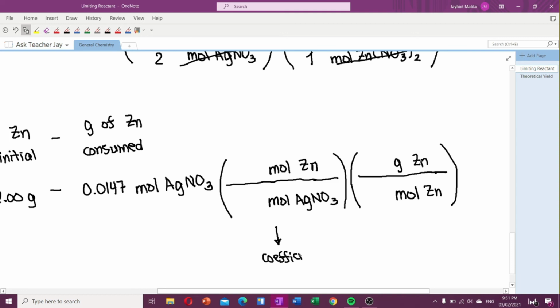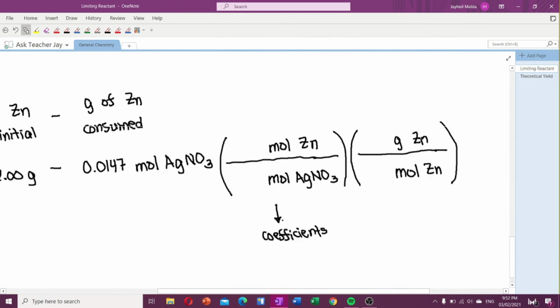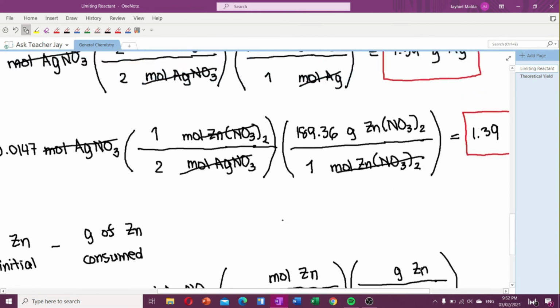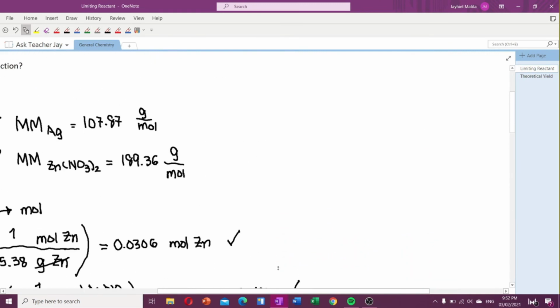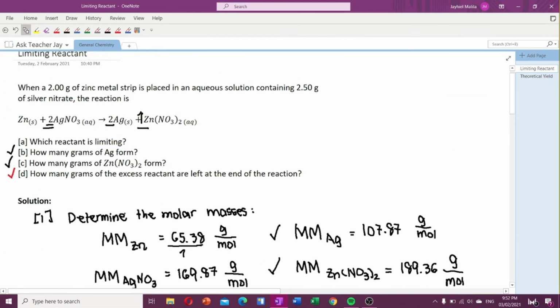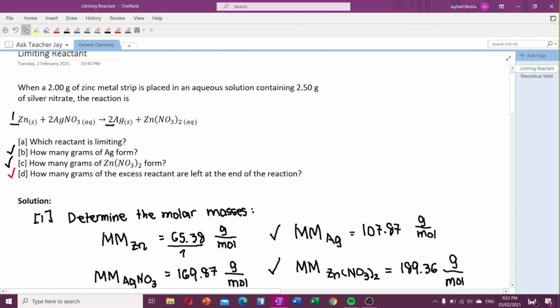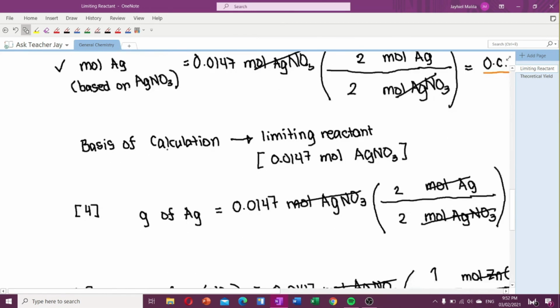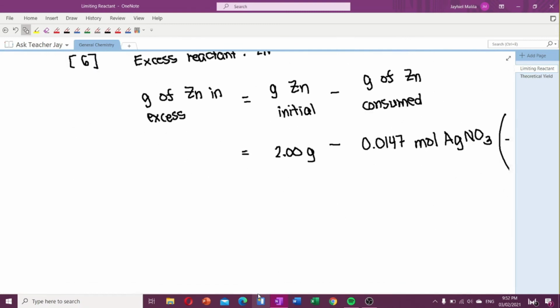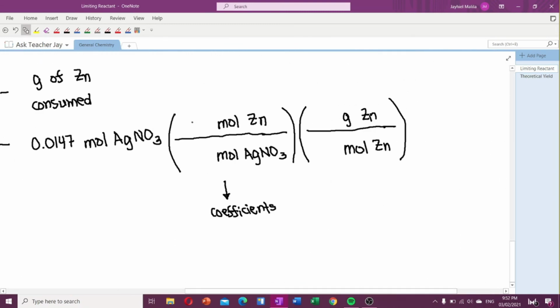So we need to go back to the chemical equation between zinc and AgNO3. Here, for every 1 mole of zinc, there are 2 moles of AgNO3. So let's write that here: 1 mole of zinc, 2 moles of AgNO3.